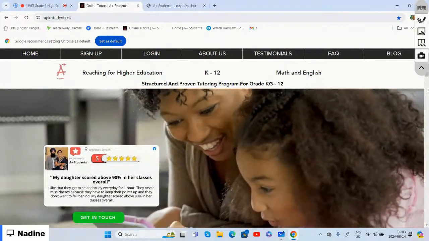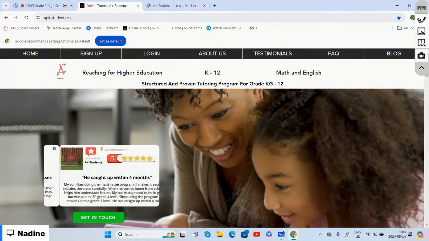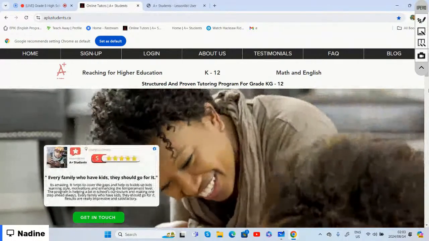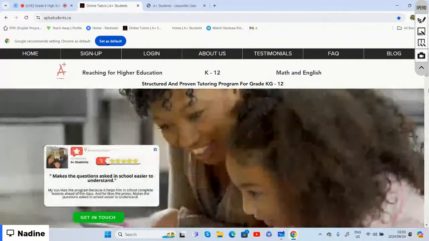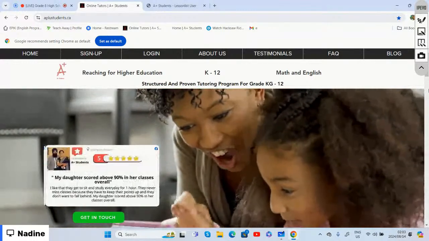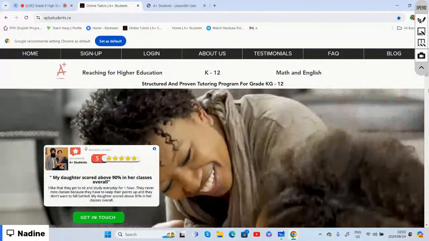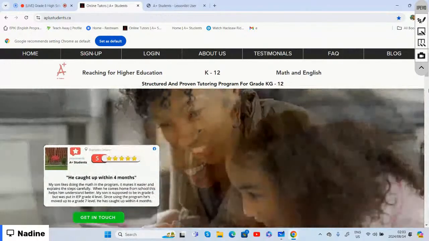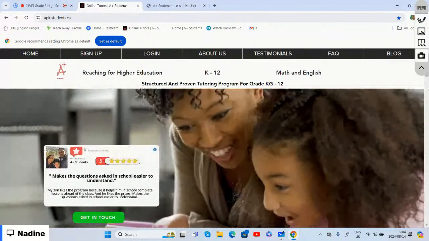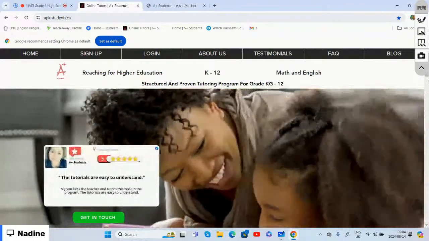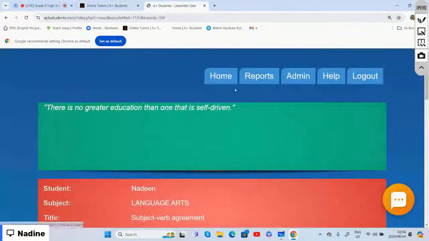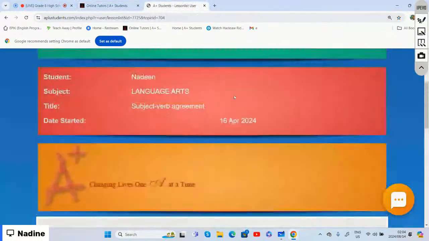Once we've logged on with our username as well as our password, we're going to select the subject of English language arts, grade 8, and the chapter that we're going to be focusing on is subject verb agreement.